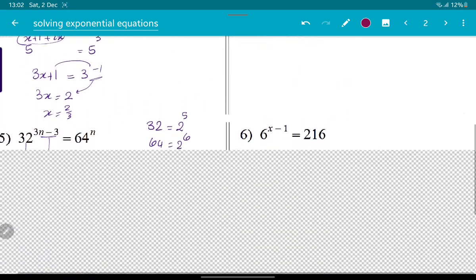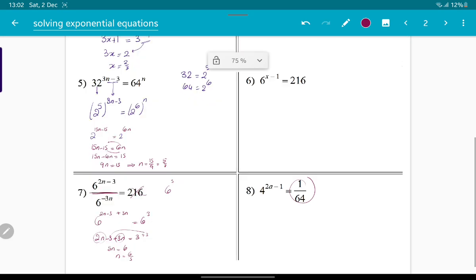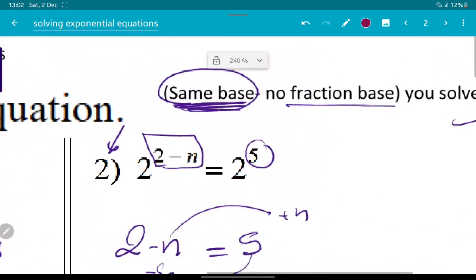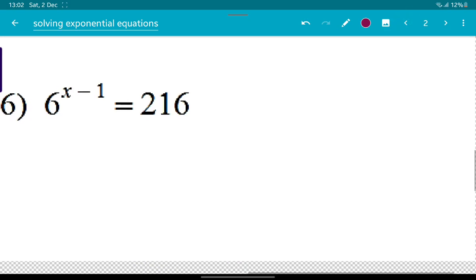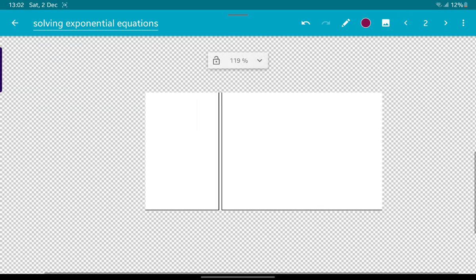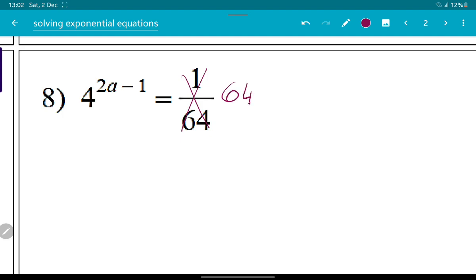Okay, the idea that we didn't take is when we have a fraction, because I wrote at the beginning that we need no fraction base. So we can do this. Look at this. You know that if this was 64, the 64 is 4 power 3.